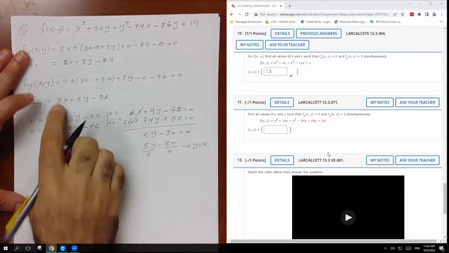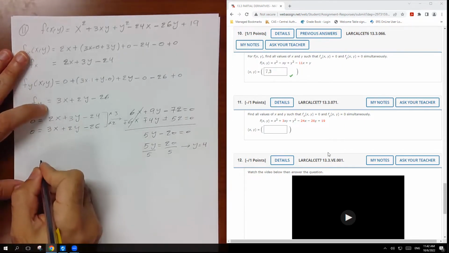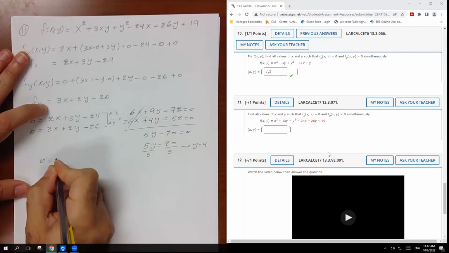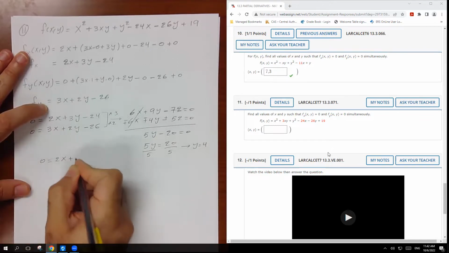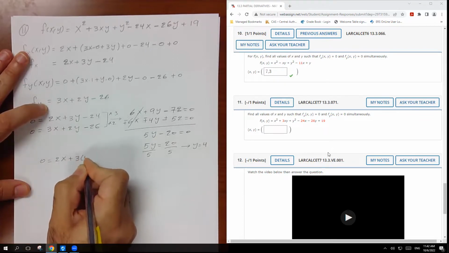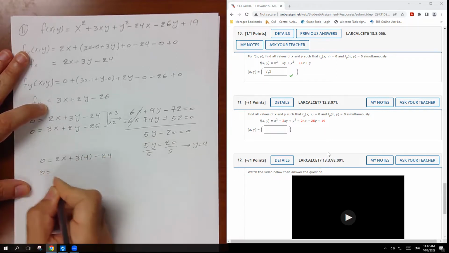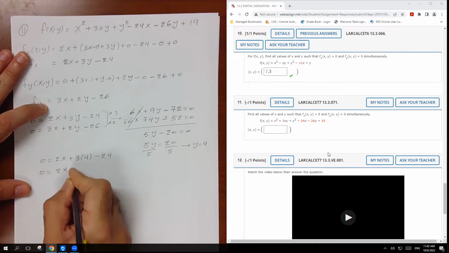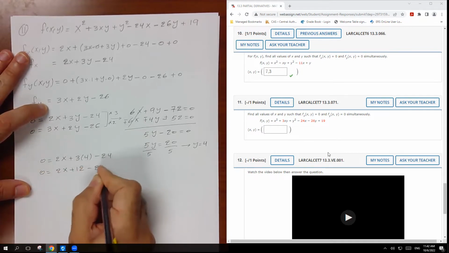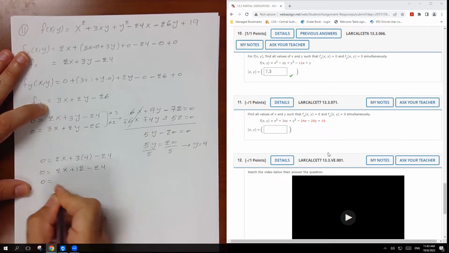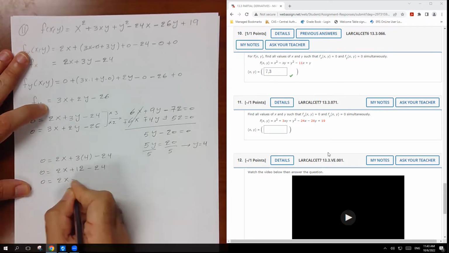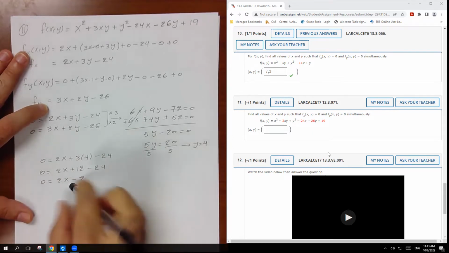Plug in one of these. 0 equals 2x plus 3 times 4 minus 24. 0 is going to be equal to 2x plus 12 minus 24. 0 is going to be 2x minus 12.